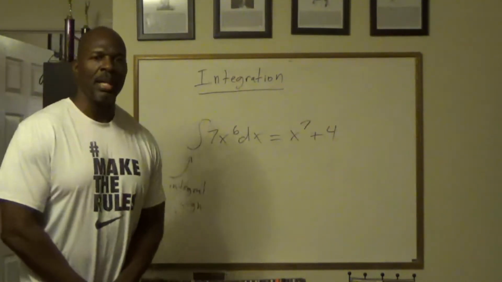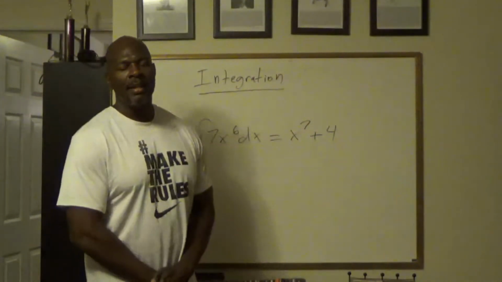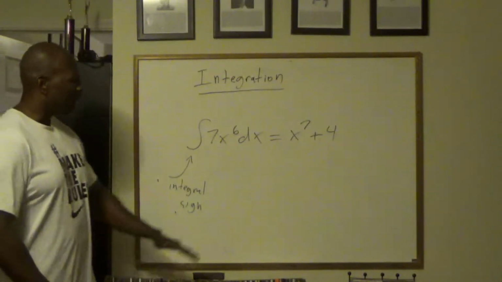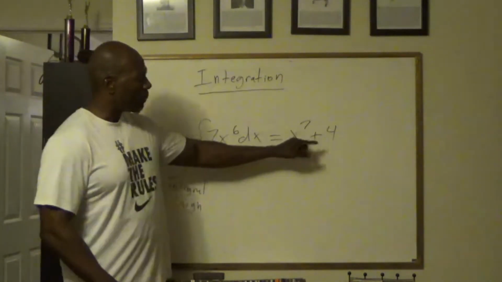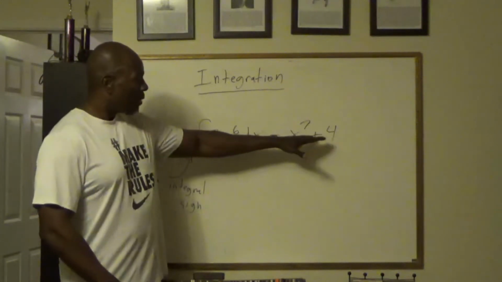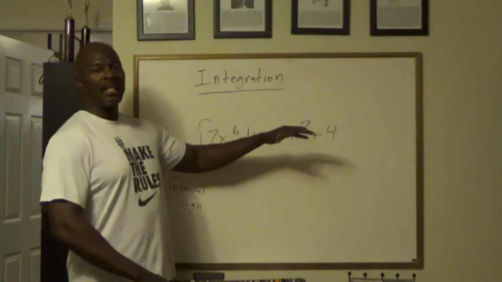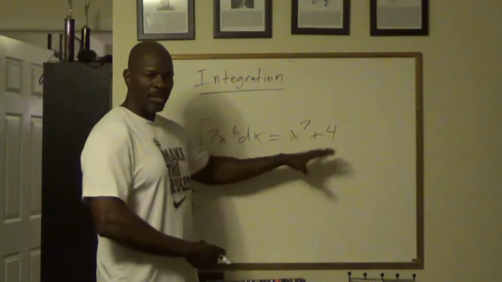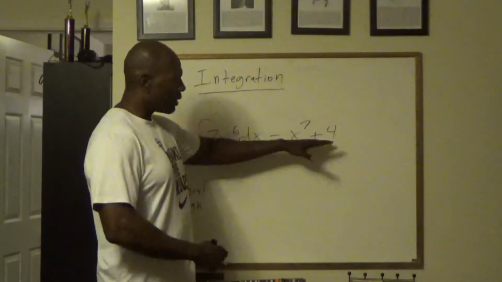I can think of another one, x to the 7th minus 6, x to the 7th plus 1/2, x to the 7th minus pi, x to the 7th plus 2.28, etc. There is an infinite number of answers depending on this constant. This is why this is called an indefinite integral, because there's an indefinite number of answers you can have here based upon a constant.